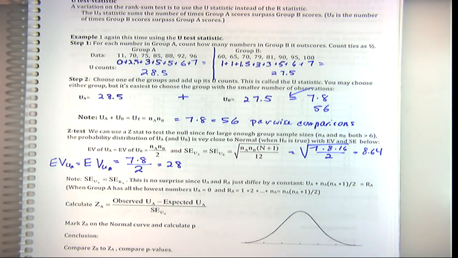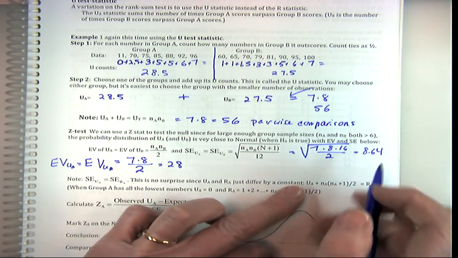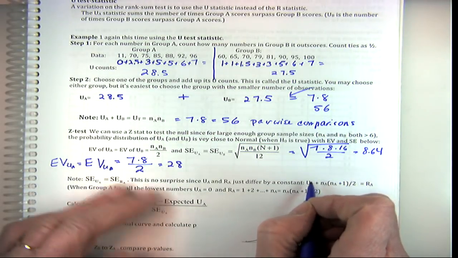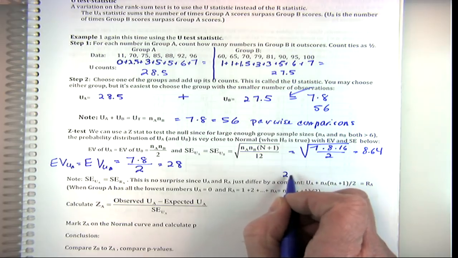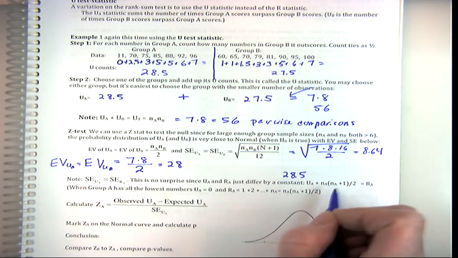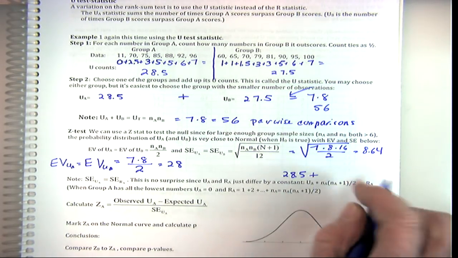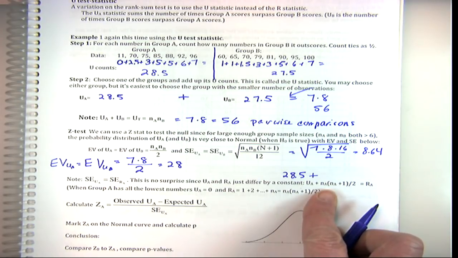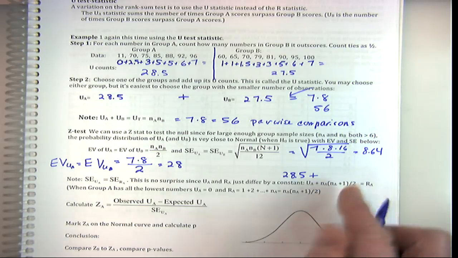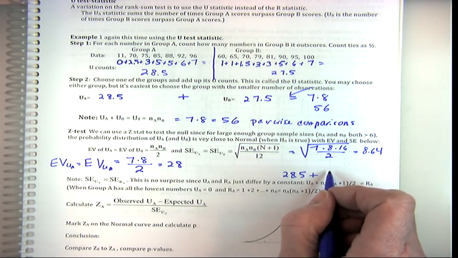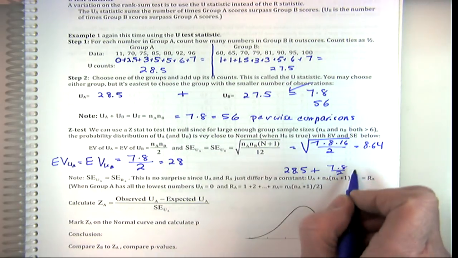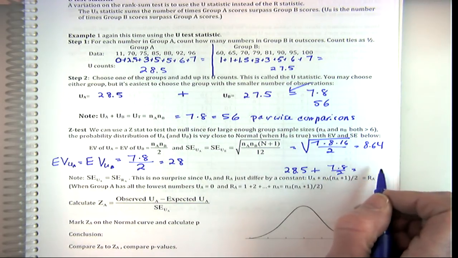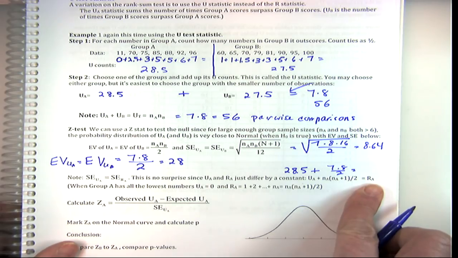In other words, UA is 28.5 plus n times n plus 1, that's 7 times 8 over 2, which should equal what we got before, 56.5.